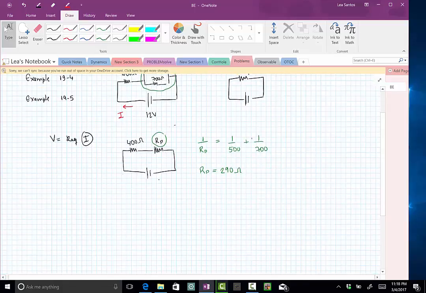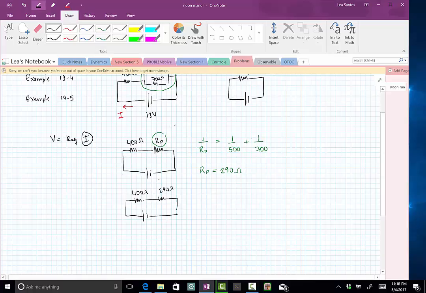Okay, so I simplified my circuit. My circuit now involves just two resistances. One is 400 ohms and the other one is now 290 ohms. Now I still haven't got the equivalent resistance for the whole circuit, but this looks much easier because what remains is just two resistances in series.